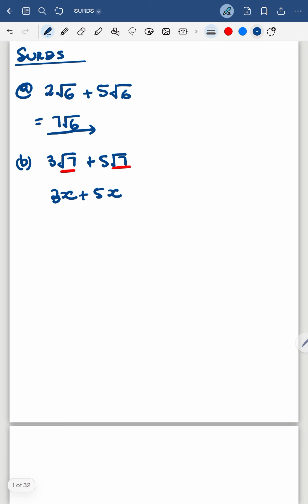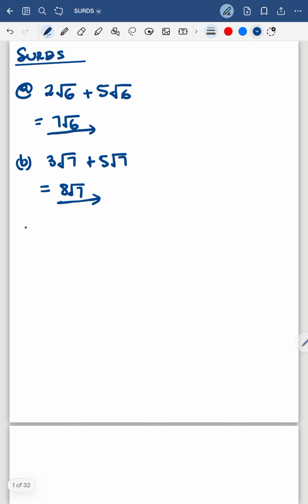If you notice here, this x and x makes these terms like terms. So it's still the same thing. We're going to have 3 plus 5, which is 8. Then we keep the root 7 as our like term.